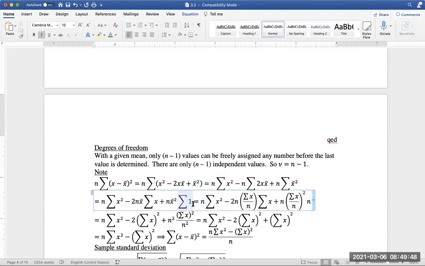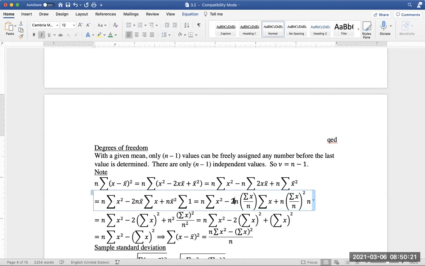Next, the sum of 1 is n. X bar is the sum of x over n. So I have here n times n is n squared. The sum of x over n is just the sum of x quantity squared over n squared. These n's cancel.